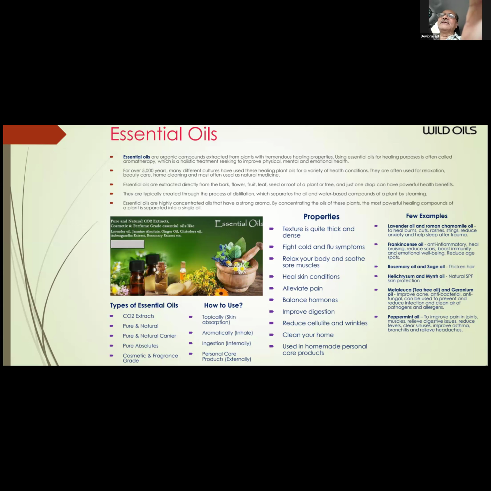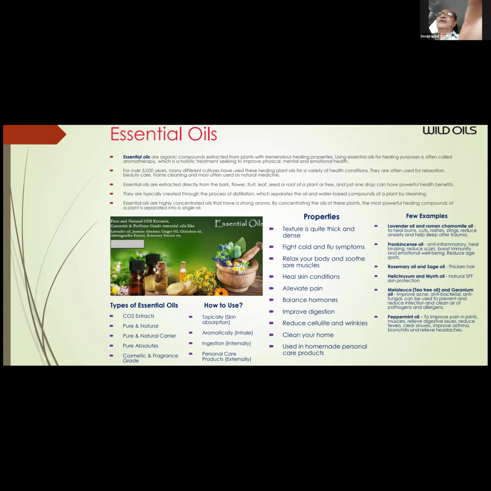The same as in steam distillation. Okay, it goes into cosmetics and fragrance, and it is used topically. It is absorbed very well in our skin, aromatic inhalation, ingestion, then personal care products. But this is external.